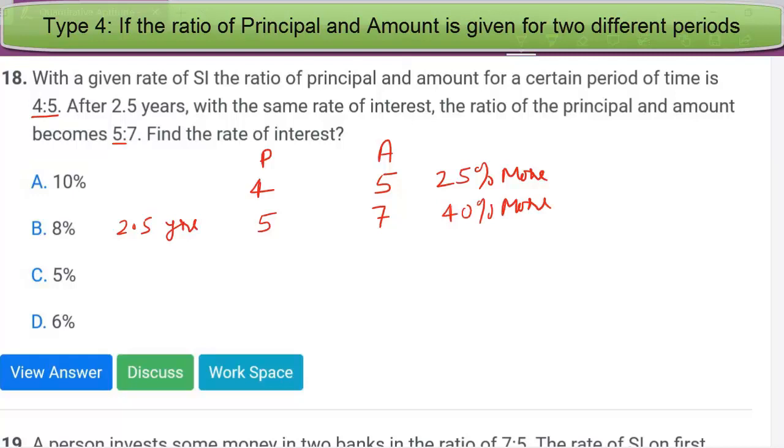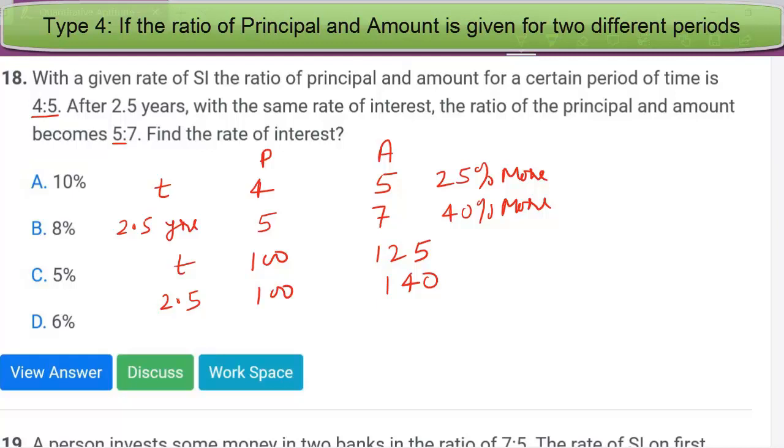So in the initial period, which is not known to us, say T years, the amount is 25% more. For the sake of calculation, assume the principal was initially 100. In the initial period this became 125, but after 2.5 more years, it becomes 140, right? The same 100 becomes 140.